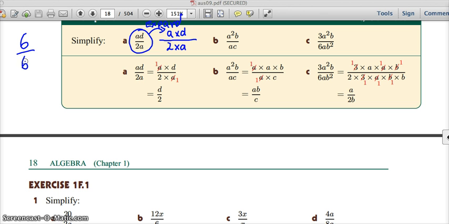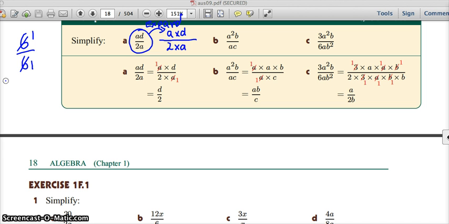Another way of looking at it is how many 6's go into 6. 6's into 6 goes 1 each. Or you can just do on your calculator 6 divided by 6 and it gives an answer of 1. So a rule we could make is anything divided by itself equals 1.